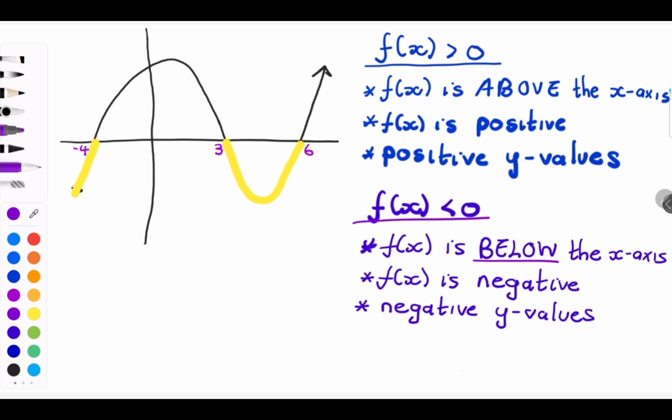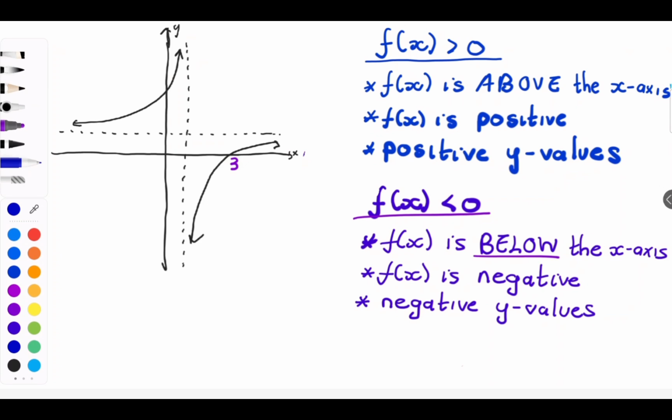So when we express our answer, it is when x is less than -4, which is all the way this side, or when x is between 3 and 6. So when x is greater than 3 but less than 6.